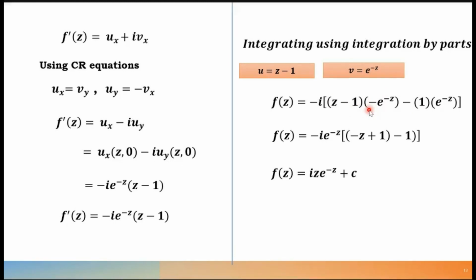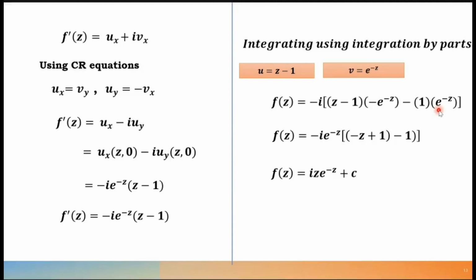The first term in integration by parts is u integral v. So I have written u here and the integration of this v, which is minus e raised to minus z. Then the second sign is minus by formula only. Then the derivative of z minus 1 is 1. Its integration, the integration of minus e raised to minus z, will become plus, and a minus sign comes in. So you will get plus over here. Okay, u integral v minus its derivative is written here, and the integration of this bracket term is written here. So if we integrate once more, one more minus sign will come here. So that is why this term becomes positive here.